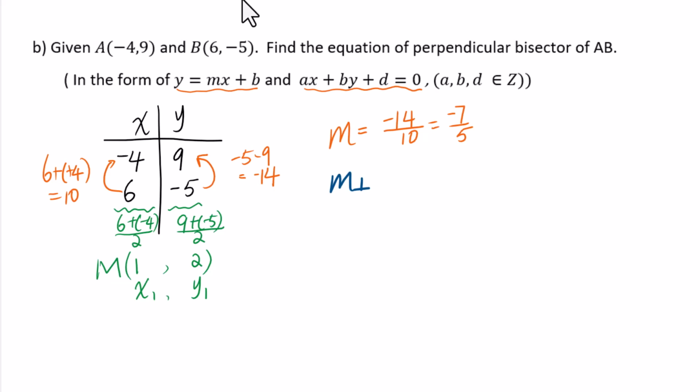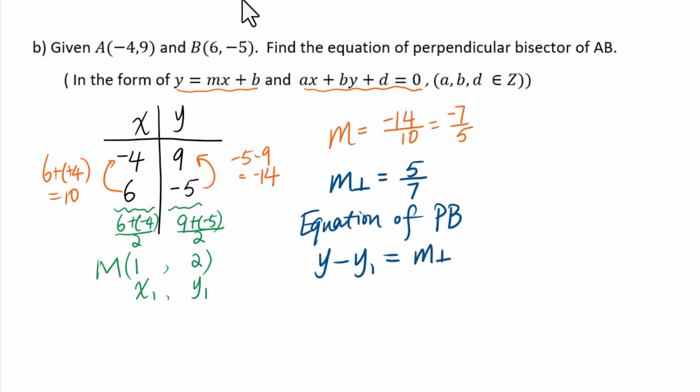Slope of a perpendicular line is opposite then reciprocal: positive 5 over 7. Then the equation of the perpendicular bisector is y minus y1 equals slope of the perpendicular line times x minus x1. y minus 2 equals 5 over 7 times x minus 1.